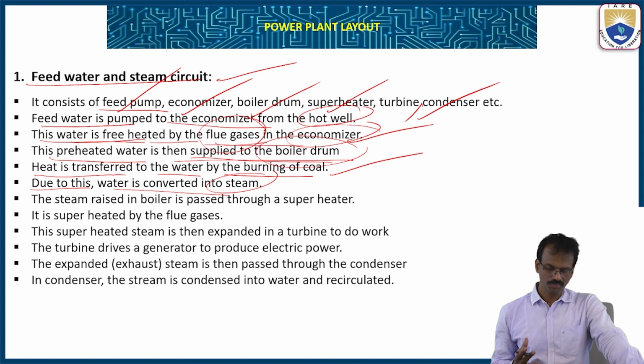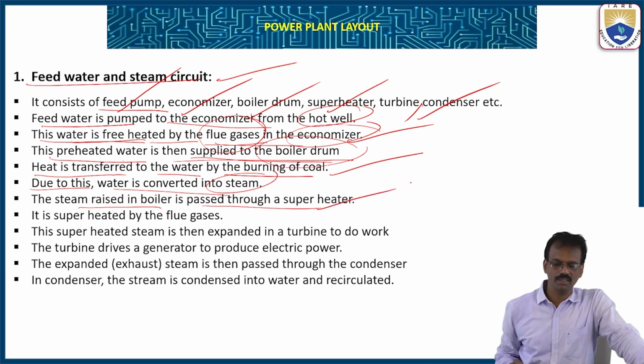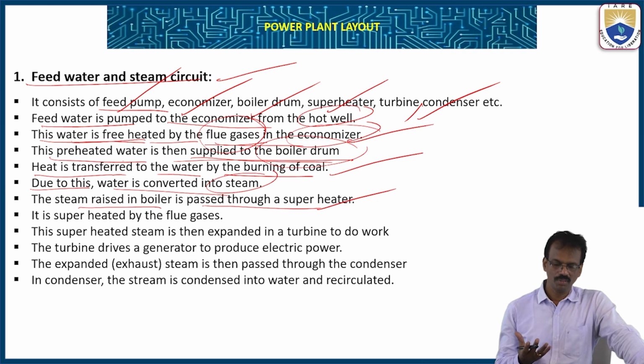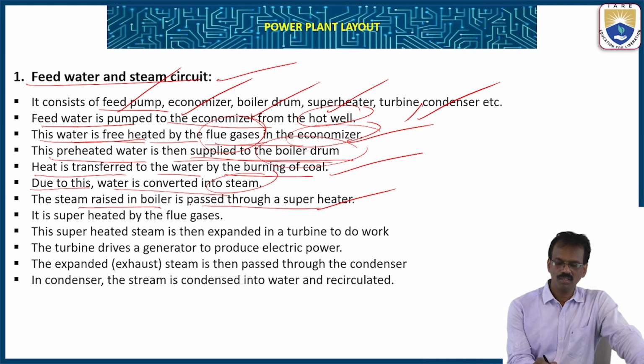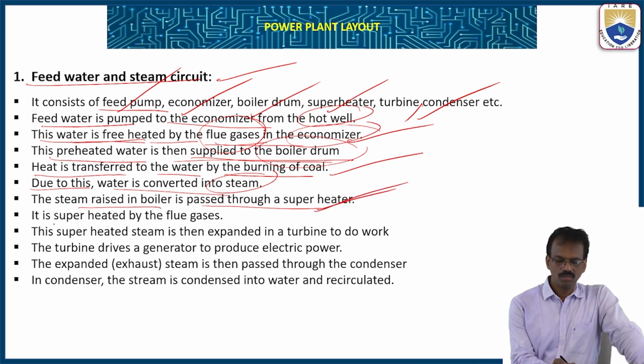So the functioning of the boiler is the conversion of water into steam. The steam raised in the boiler is passed through the superheater, where it is superheated by the flue gases.